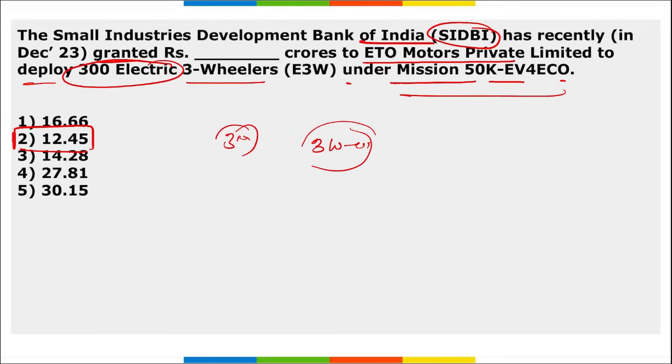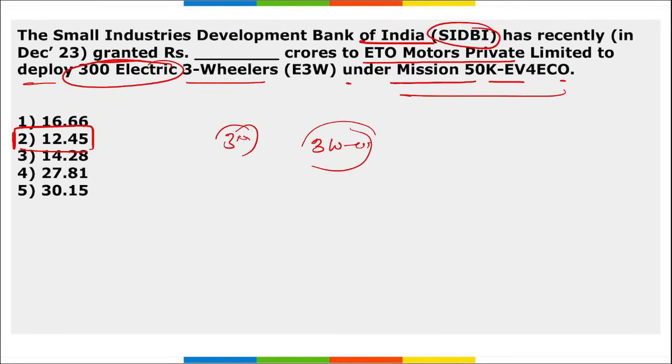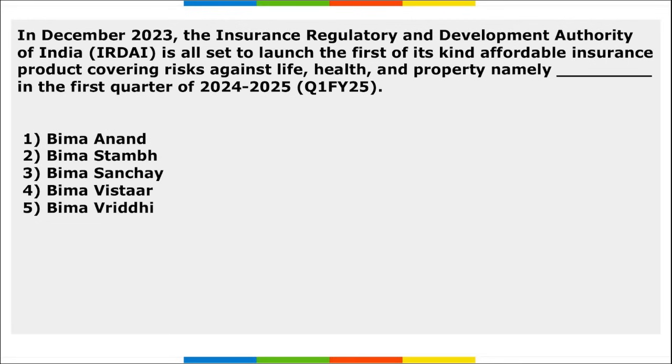Right? Take a note of this. Basically here, SIDBI is helping small businesses to grow by providing them subsidy as well as the amount for purchasing these electric vehicles. This will promote the adoption of electric vehicles also in India.